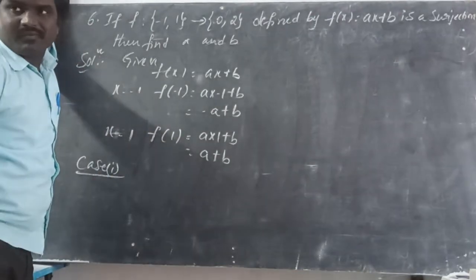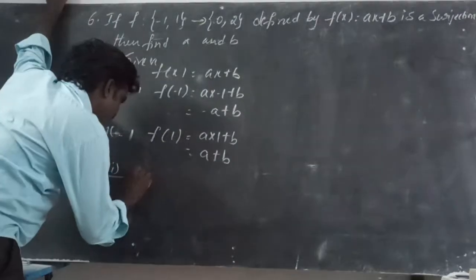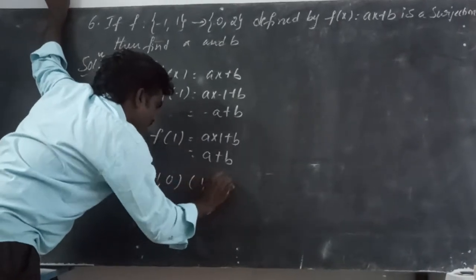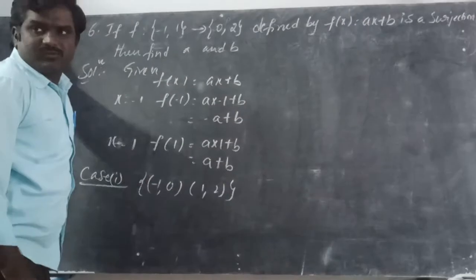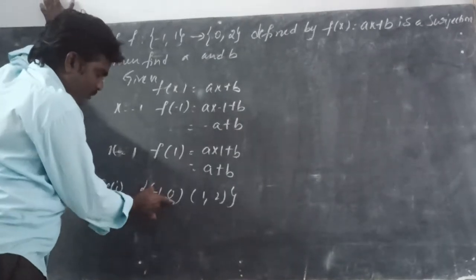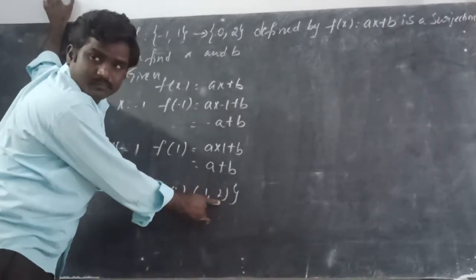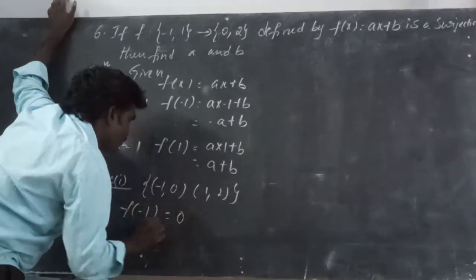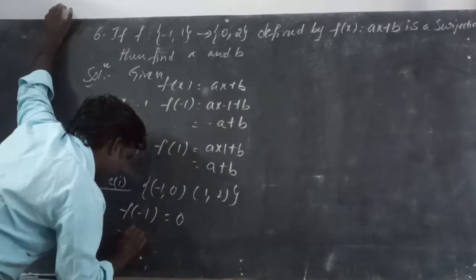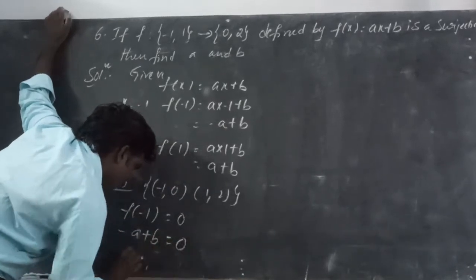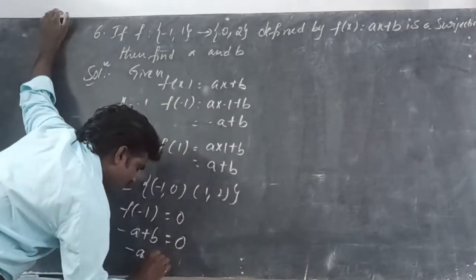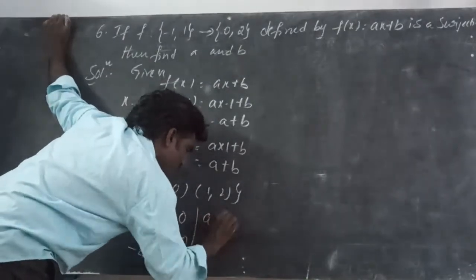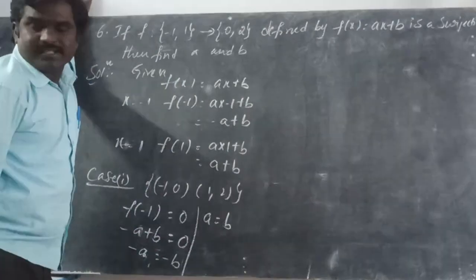The mapping elements are minus 1 to 0, and 1 to 2. So f of minus 1 is equal to 0. So minus a plus b is equal to 0. So minus a, plus b, minus minus cancel. You can say a is equal to b.